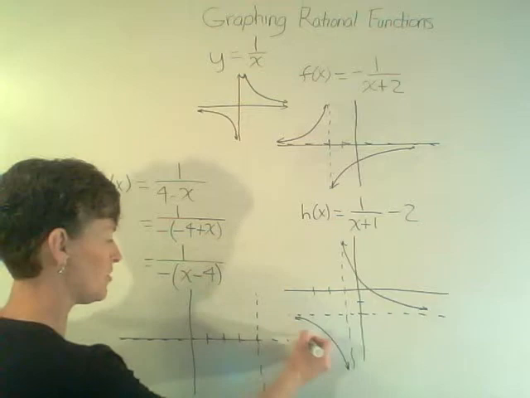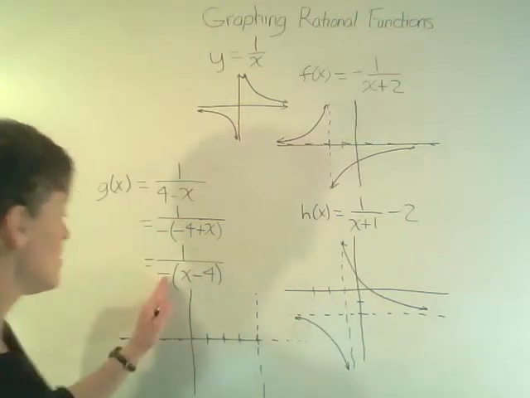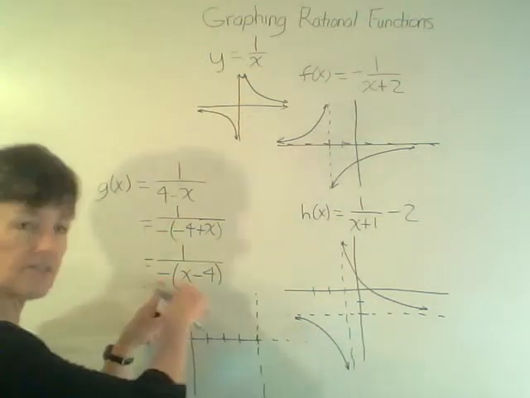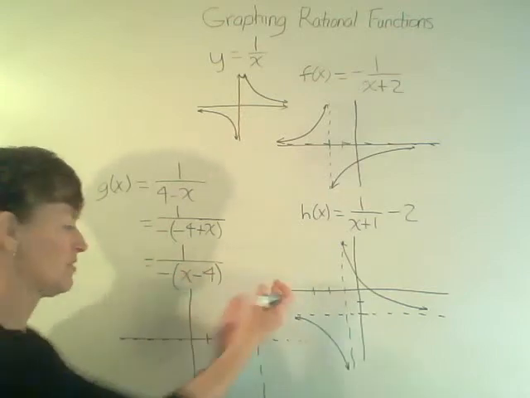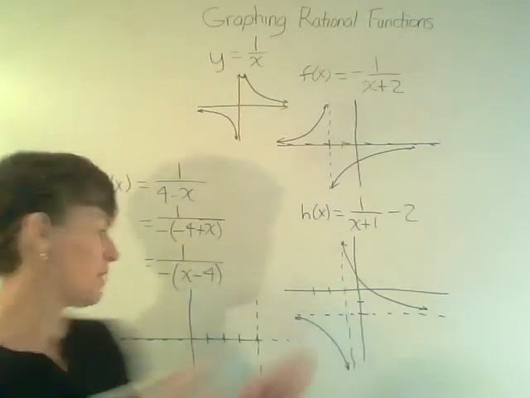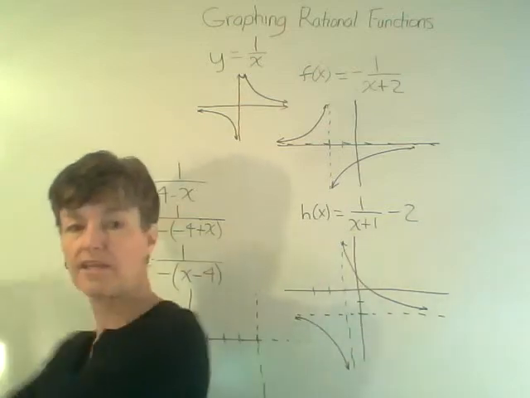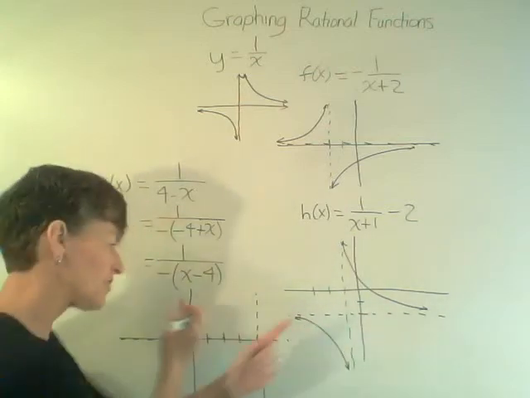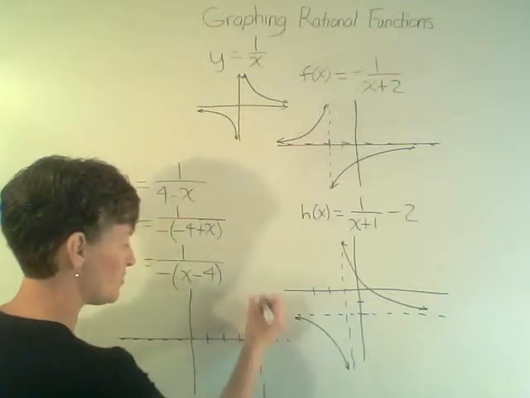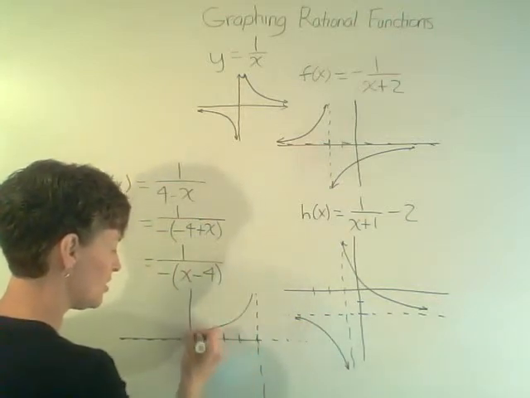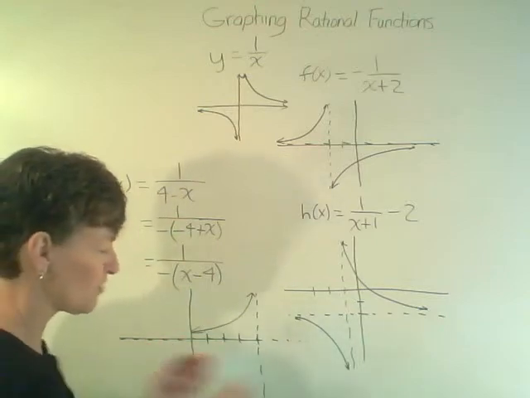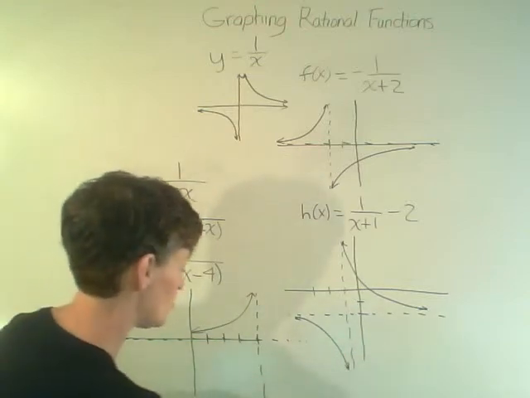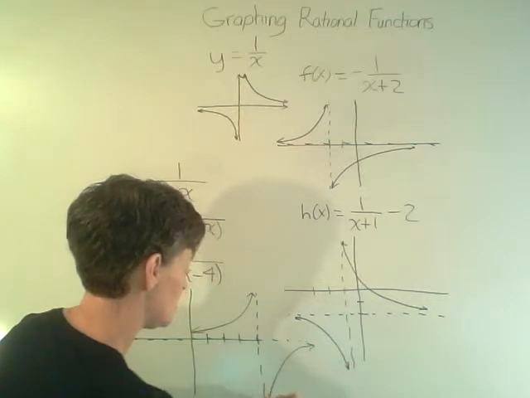Normally I would be here and I would be here, but this time, because my negative sign is with the x, I'm going to reflect my graph horizontally. My positive x's are here, my negative x's are here. So you reflect your graph this way. So this part of my graph over here will actually be over here. And this part of my graph here will reflect across this way horizontally to be here.